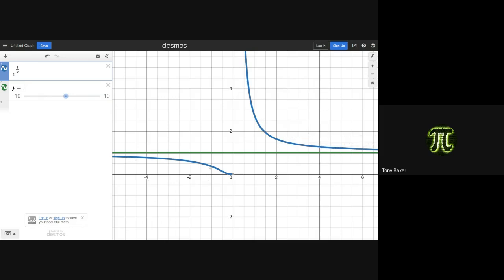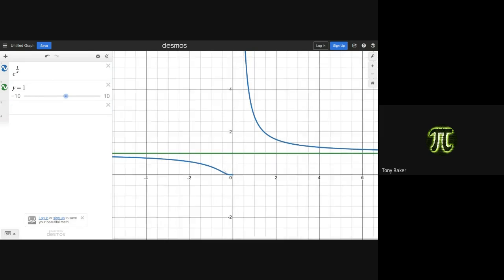And this one, when this is 1/2, hold on.